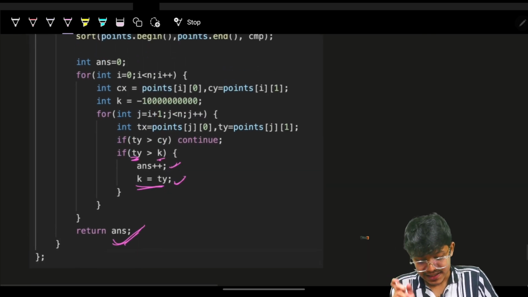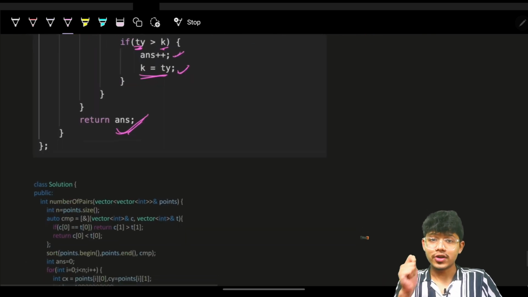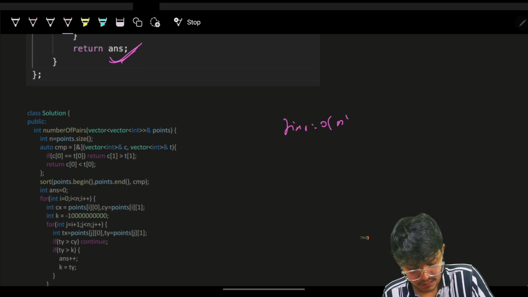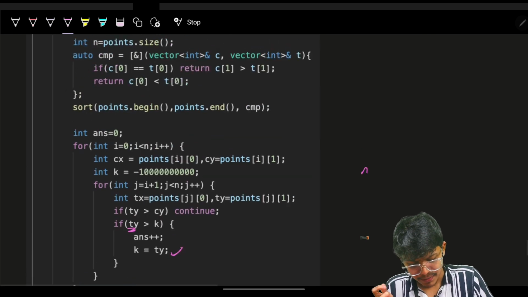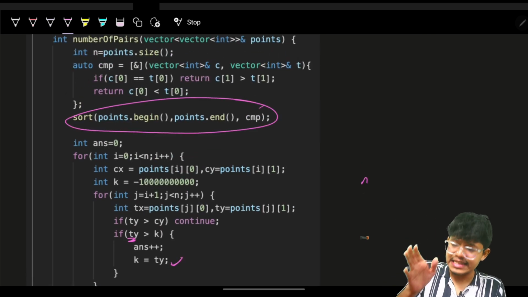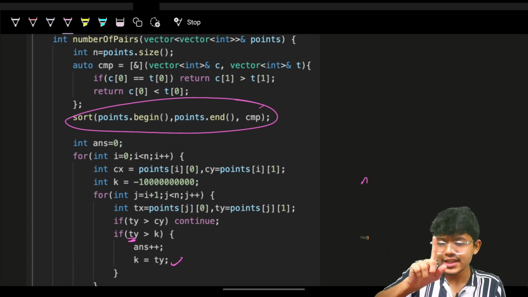And that's how you can solve it in O of n square time. And again, for space, as you can see, you are not using any extra space apart from the sorting. The sorting by default for C++ and Java takes log n space, while for Python it takes n space.